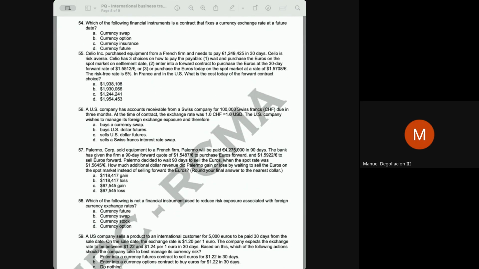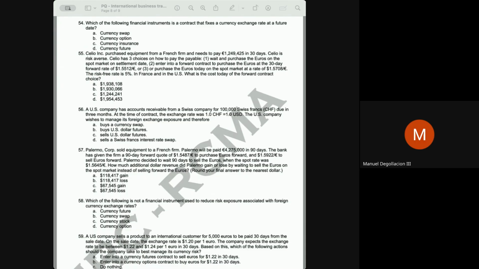56, the U.S. company wishes to manage its foreign exchange exposure. The U.S. company has accounts receivable from a Swiss company for 100,000 Swiss francs due in 3 months. So it does not want uncertainty. You want to already know how much you would really get for the francs.